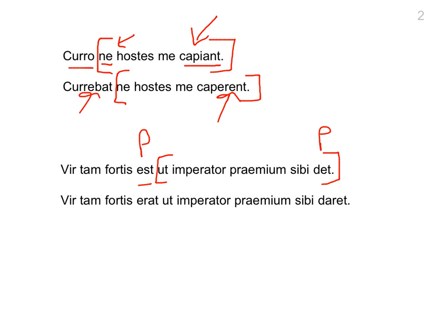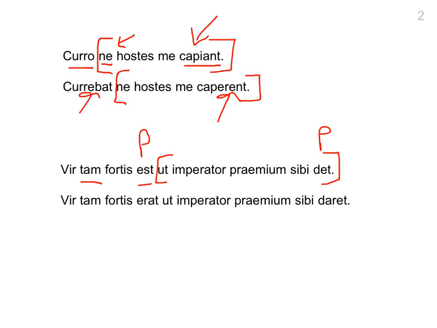And then also notice here in the beginning, tam, that's one of our indicator words. So this sentence says, "The man is so brave, tam fortis, that the emperor gives a prize to him." So notice that the indicator word tells us this is a result clause.